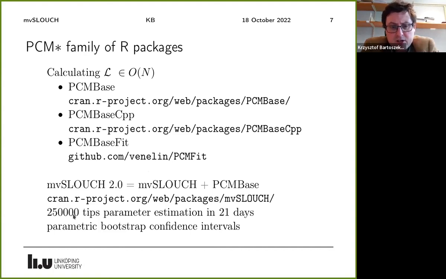Running some experiments, I was able to do estimation for a tree with 250,000 tips in 3 days. To get an idea, previously, without this sort of linear time likelihood calculation, it was possible to get estimates within 2 or 3 months for about 300 tips, right?